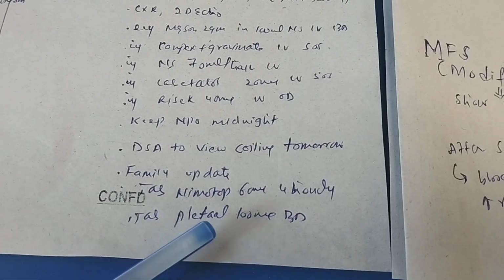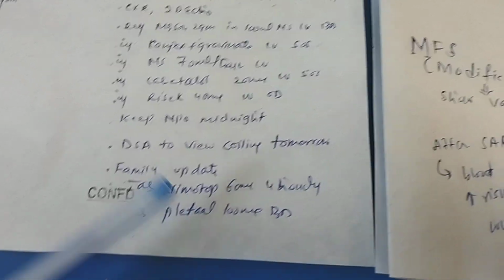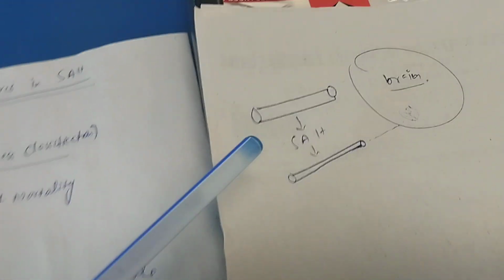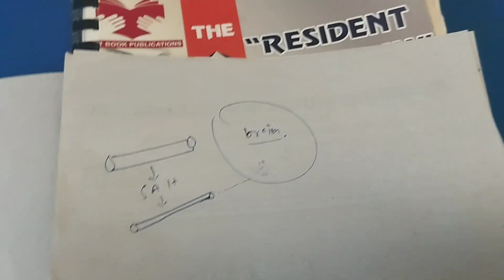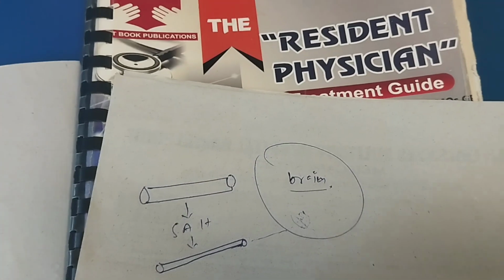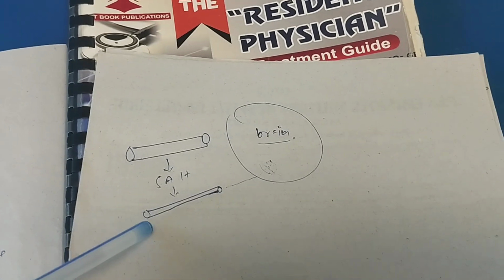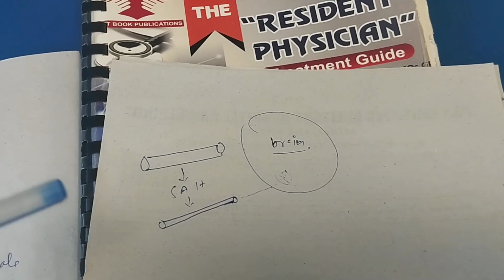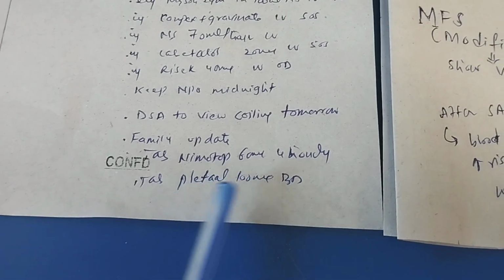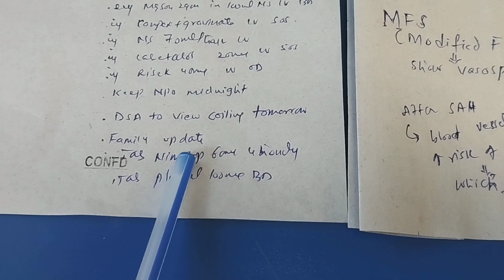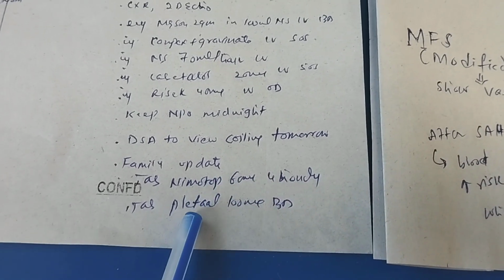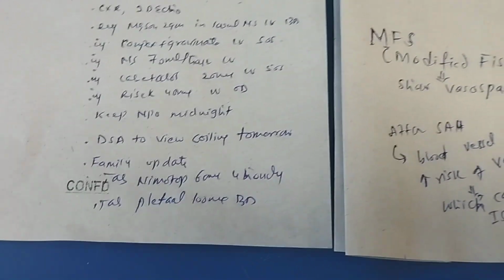We give these two drugs for at least 21 days, because the chances of vasospasm are very high from the start of the first week to the start of the second week. That's why we give this vasospasm therapy, like Nimotop and Pletal, for at least 21 days.